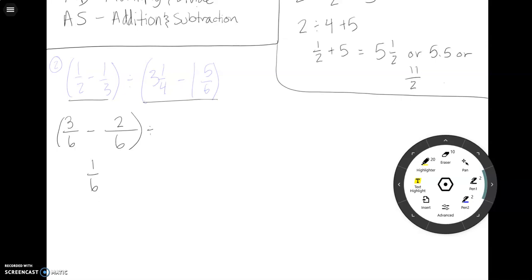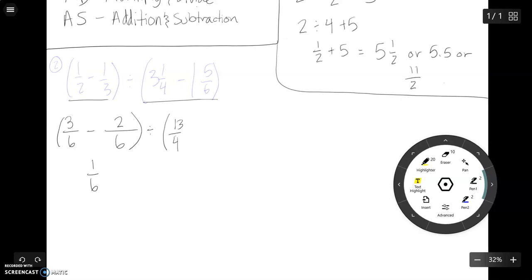The second set of parentheses is going to require a little bit extra work because before we can find a common denominator, we need to write these fractions, instead of as mixed numbers, as improper fractions. So I'm going to go ahead and do that first. So 3 1/4 can be rewritten as 13/4.